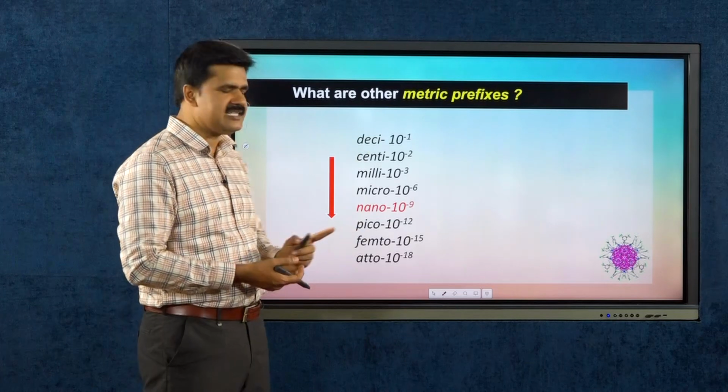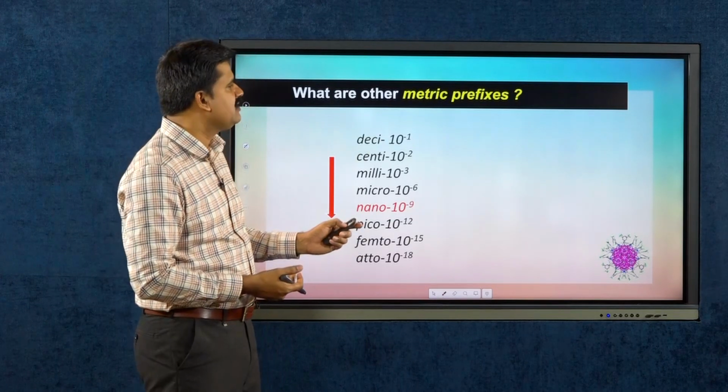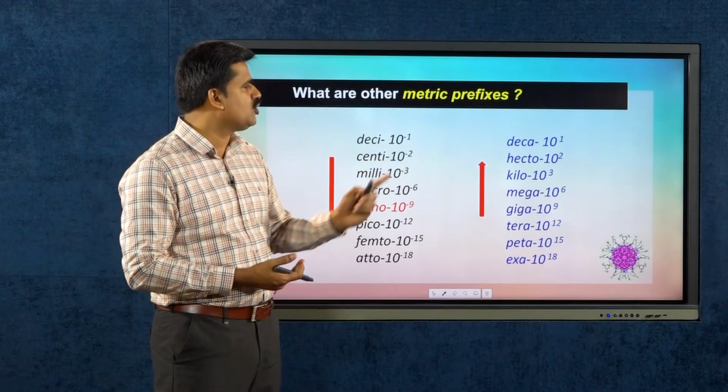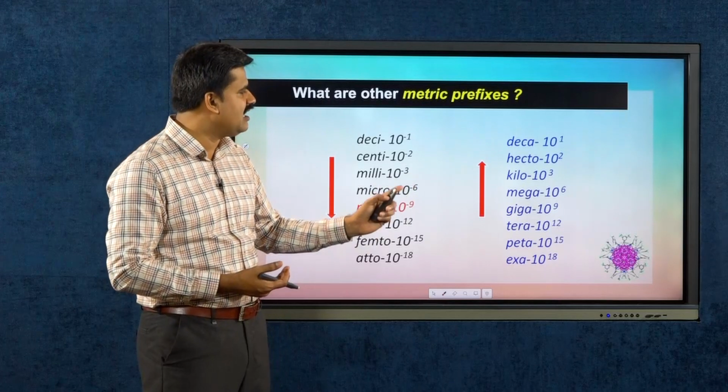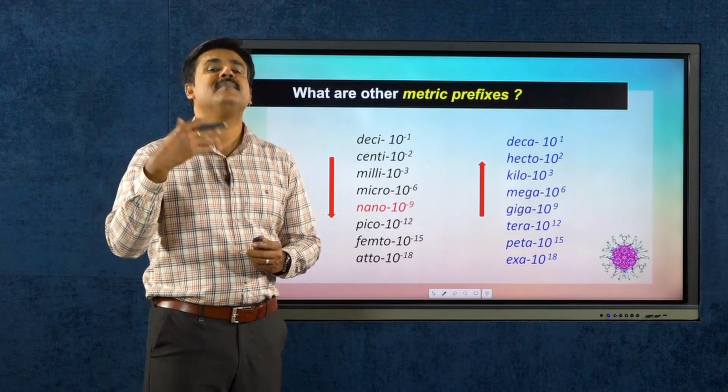These are the prefixes used to reduce a given quantity, and the others are deca, hecto, kilo, mega, giga, tera, peta, exa, etc. These are used to represent bigger quantities.